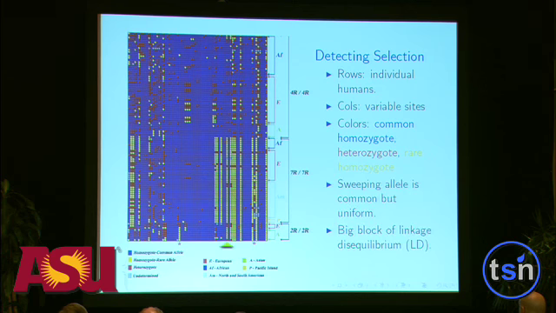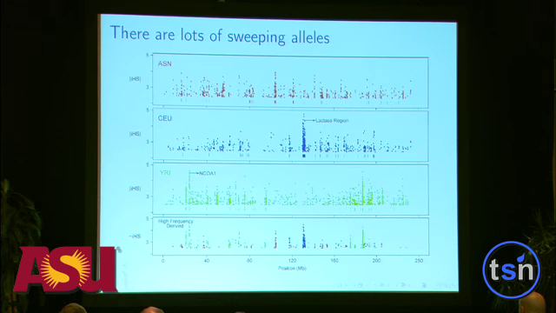Keep going. Okay. So this now is a view of an entire human chromosome. The upper 3 bars correspond to different human populations. And the vertical axis on each bar is a measure of linkage disequilibrium in little moving windows along the chromosome. And you can see all these kind of spikes like this.